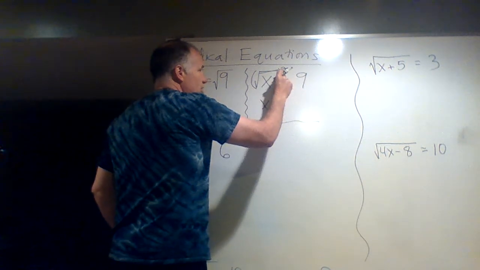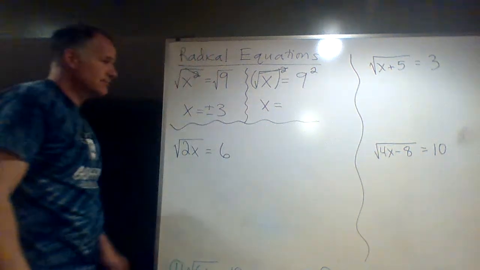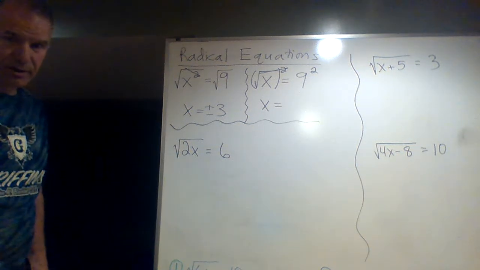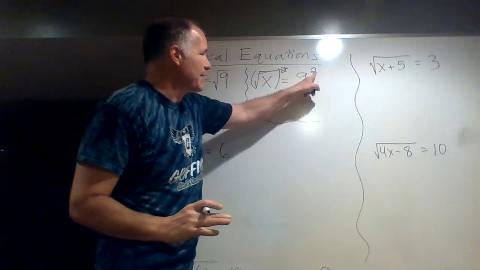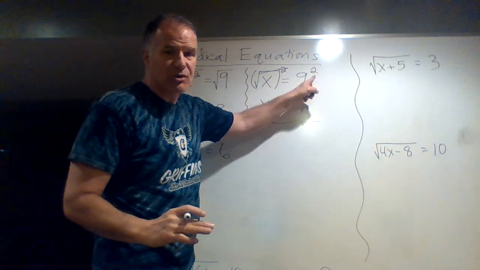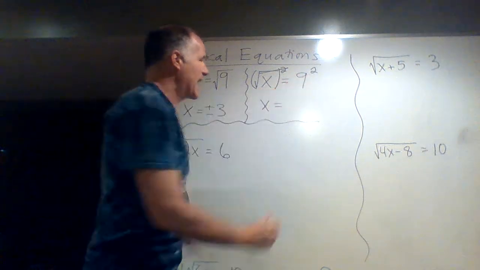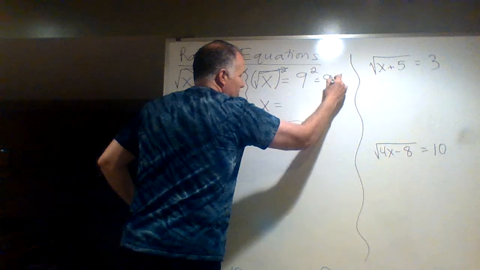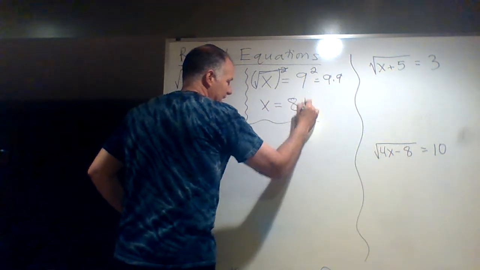Remember, whatever I do to one side, I've got to do the same to the other. So it's 9 squared, which remember is not 9 times 2. It's 9 twice. 9 squared is 9 times 9, which is 81.